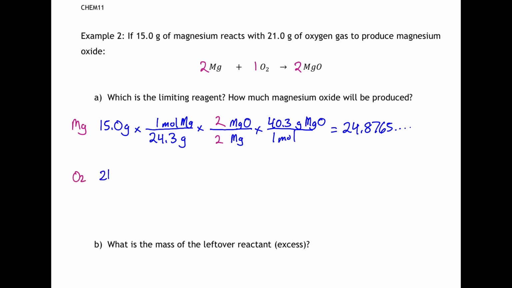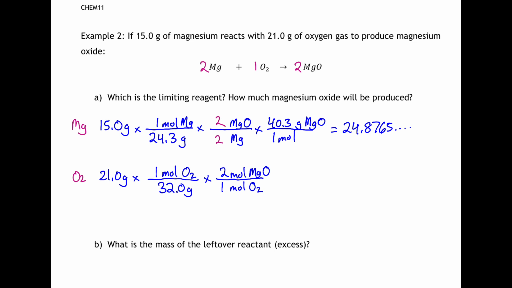Is 21 grams of the oxygen. Now, don't forget, a mole of oxygen is O2, so it weighs 32 grams, right? O2 is 32 grams. Same ratio time. We're going to go 1 mole of the oxygen on the bottom and 2 moles of the magnesium oxide on the top.